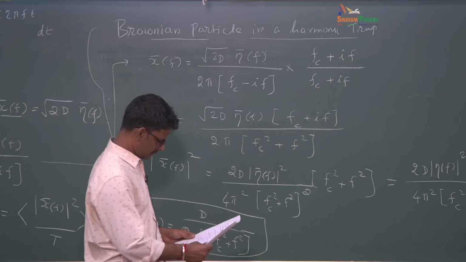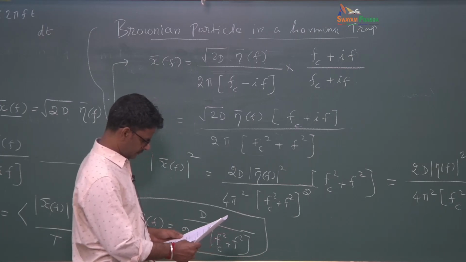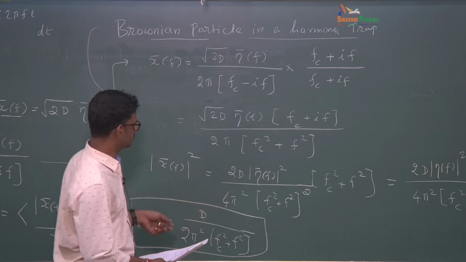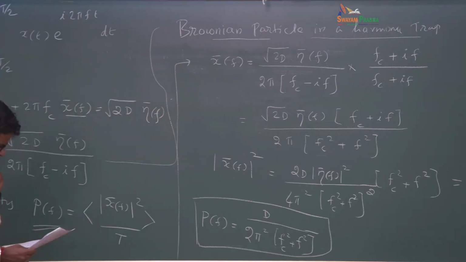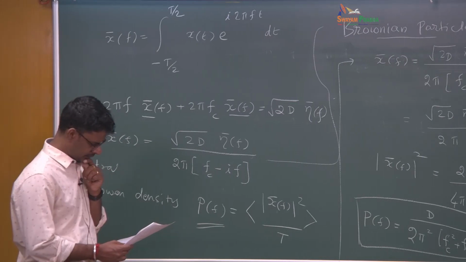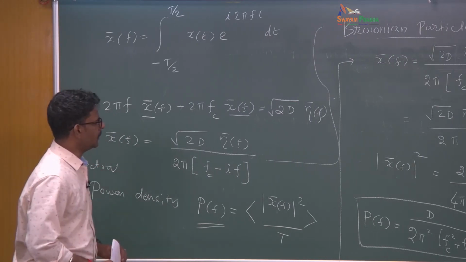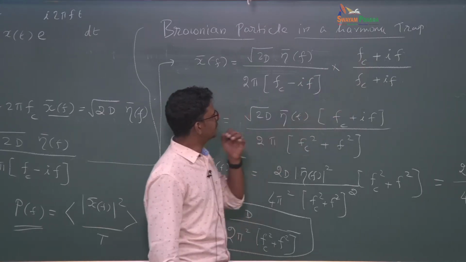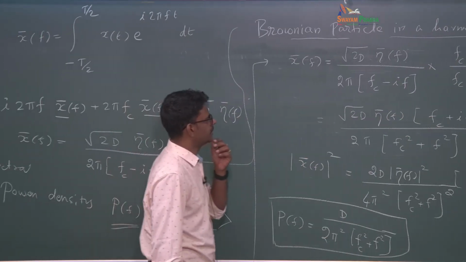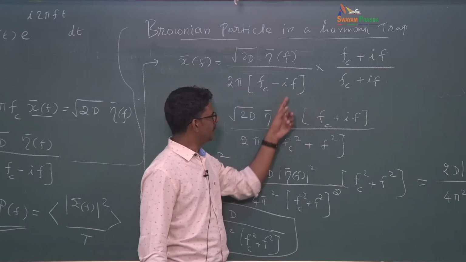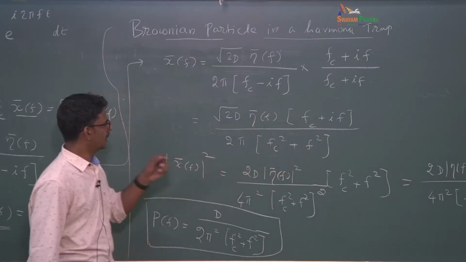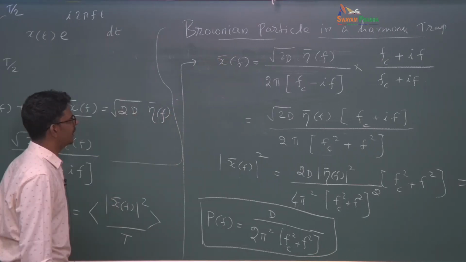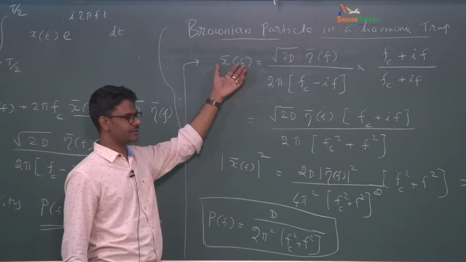t square. Yeah. So what I have done here is I have multiplied this by the complex conjugate, and then in the denominator you will have fc square plus f square, and so then you take the square of the modulus of this.